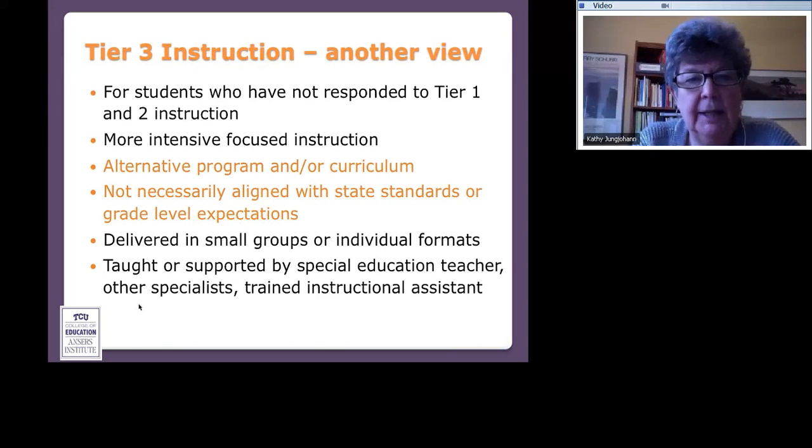They may be working on standards that are below grade level. And this instruction, similar to the other view, can be delivered in small groups or individual formats. But this instruction is more often either taught or supported by the general education teacher, other specialists, and trained instructional assistants.